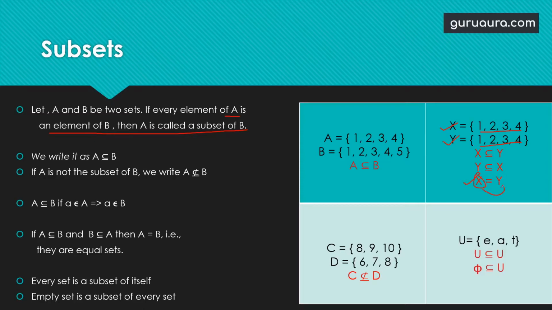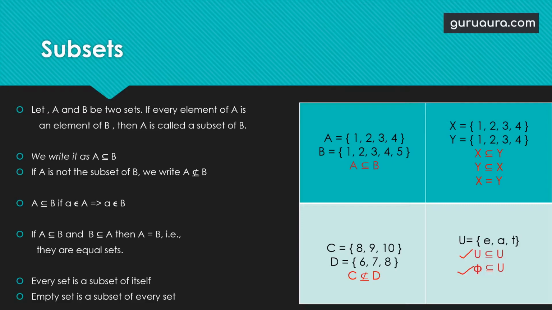So, X is a subset of Y and Y is also a subset of X. Also, we have a thumb rule in sets that every set is a subset of itself and an empty set is a subset of every set, as an empty set has no elements.